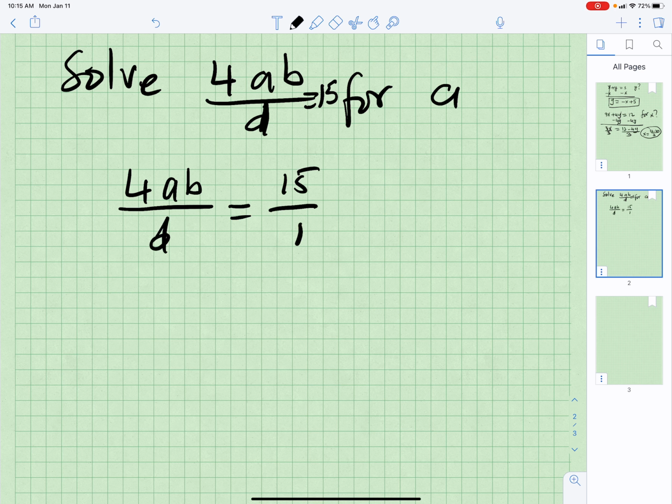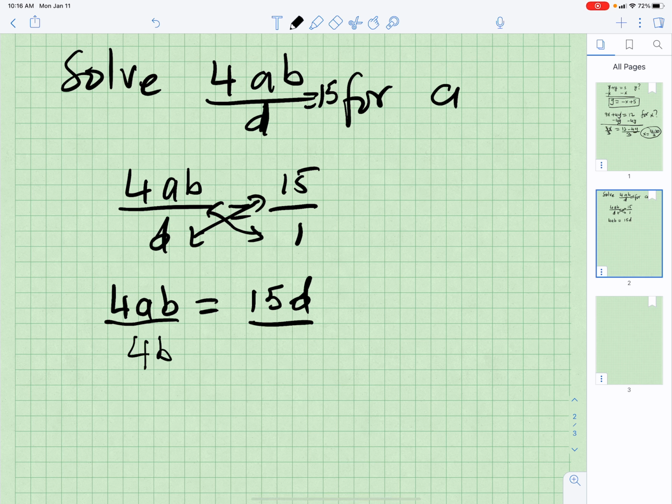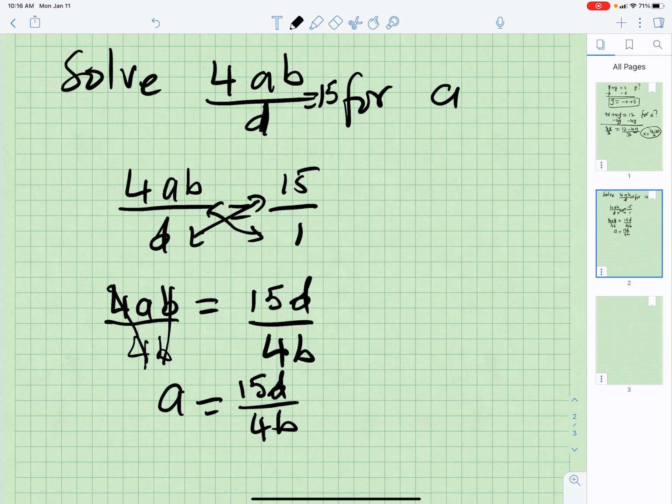And now we can cross multiply. So which is 4ab times 1 is 4ab. 15 times d is 15d, right? Now we divide both sides by 4b because I need to leave a by itself. So over 4b over 4b. We can see 4 divided by 4 is 1, b divided by b is 1, so we get a equals 15d over 4b, right? So my solution is a equals 15d over 4b.